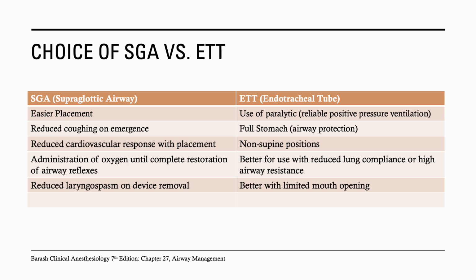The next keyword is choice of SGA, which means supraglottic airway, versus ETT, or endotracheal tube. I broke this keyword down into really benefits of both. So when you look at a supraglottic airway, it's generally easier to place than an endotracheal tube. On the emergence side, it usually produces less coughing.